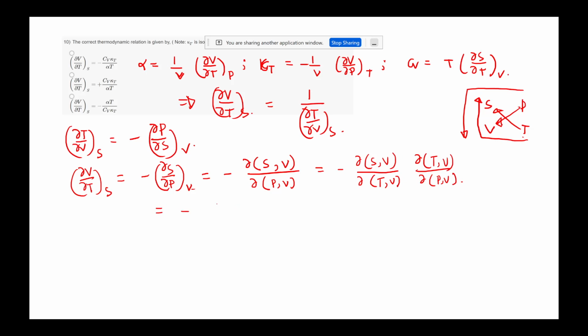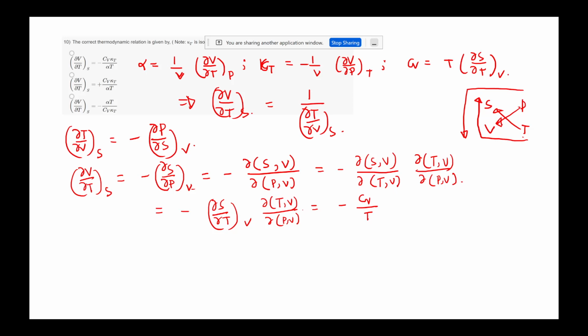This is nothing but del S del T at constant V, and the rest is del T V del P V, which can be written as CV by T.